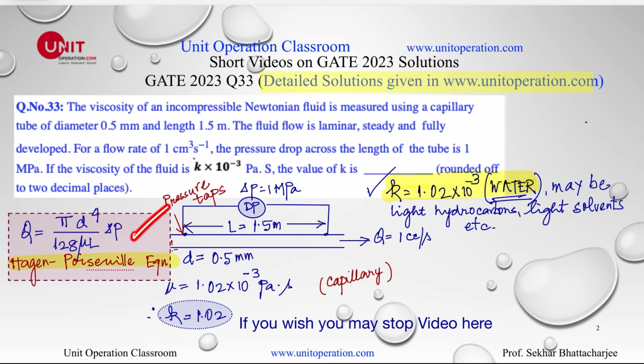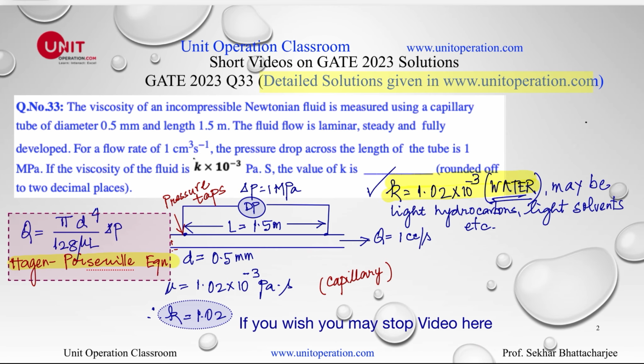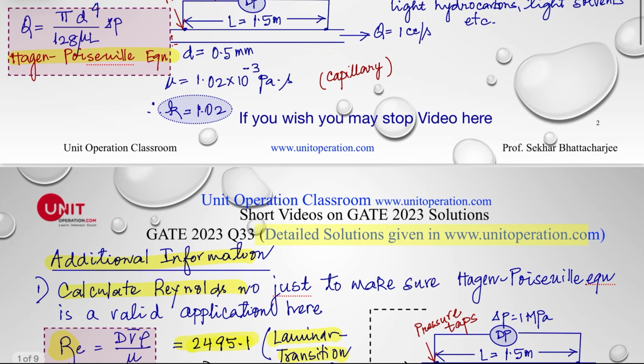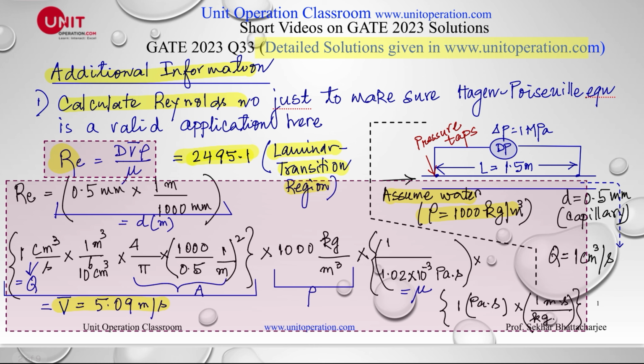But for that, we have to ensure that these conditions are satisfied, because these are the essential conditions for using Hagen-Poiseuille's equation. So if you want, you can stop the video right here. But if there is some more interesting information given later on, you can continue watching the video.